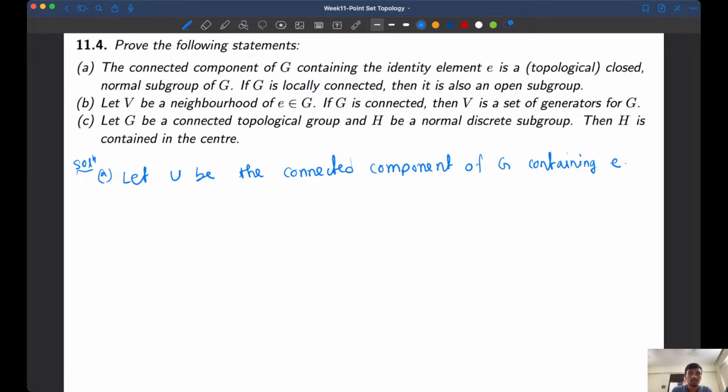Probably you just have to recall this. Recall that U is connected implies U closure is also connected, right?